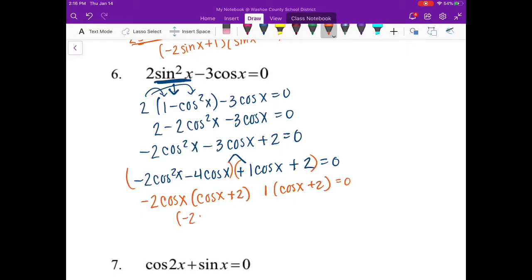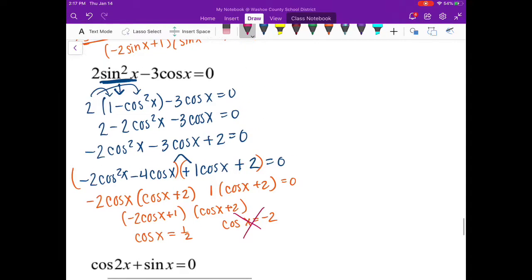So my factors are -2 cosine of x plus 1, and then what matches is cosine of x plus 2. So again, set each factor equal to 0 and figure out where cosine of x equals a positive 1/2, and where cosine of x comes out to be a -2. Again, the unit circle doesn't go past 1 or -1 in either direction, so that's not going to work out.